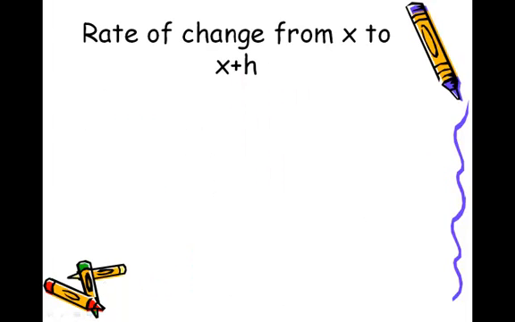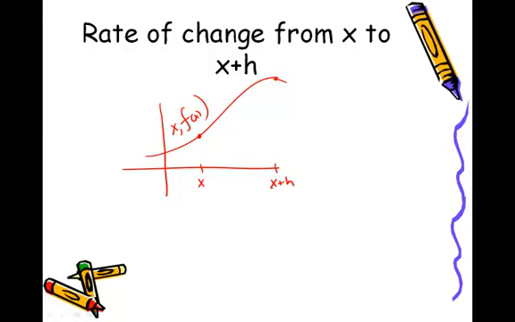We can also look at this with a little different notation when we look at the rate of change from x to x plus h. So now, instead of labeling these 2 points x sub 1 and x sub 2, I'm going to label them x and x plus h. Again, my ordered pairs in function notation would be x comma f of x and x plus h comma f of x plus h.